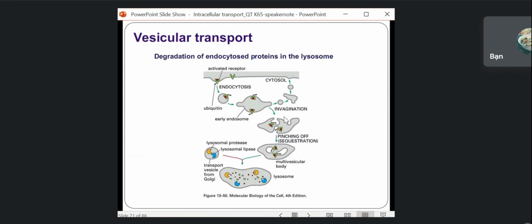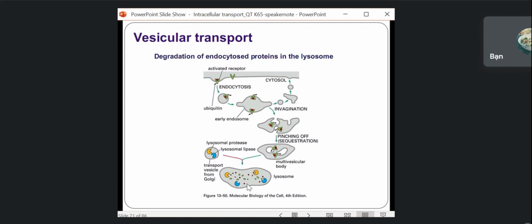For the case of the degradation of the receptor, after the vesicle fuses with the endosome, this endosome can develop with the lysosome and form the structure of the lysosome together with the endosome, and they use the enzymes from the lysosome to cut all the vesicular content, which consists of both the receptor and the cargo.